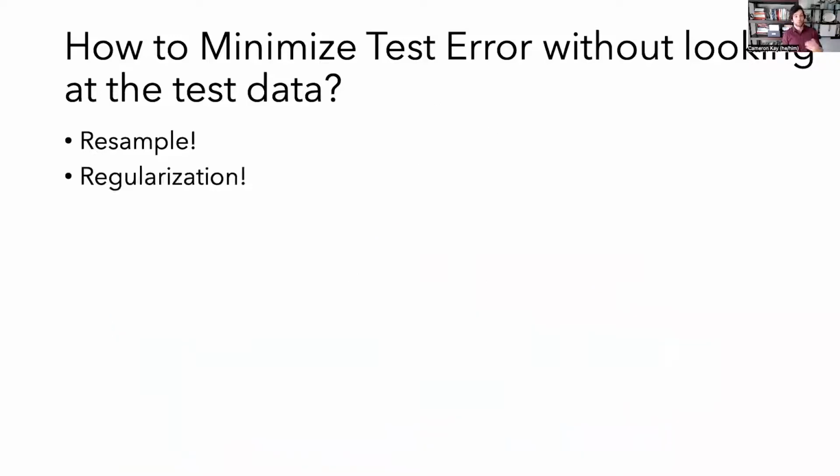Another method is called regularization, or also called penalization. The idea here is that we are going to penalize our model. We're going to add a little penalty to our model if our predictors or our coefficients get too big. So as one of our predictors gets larger and larger, we say, okay, that might be great.